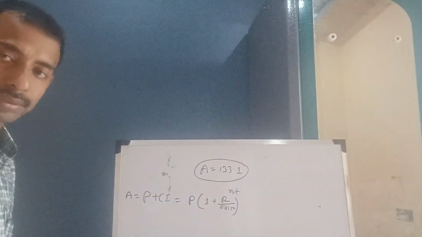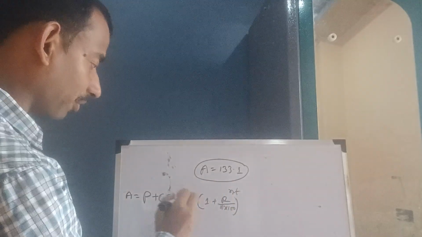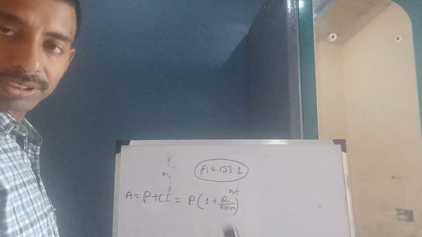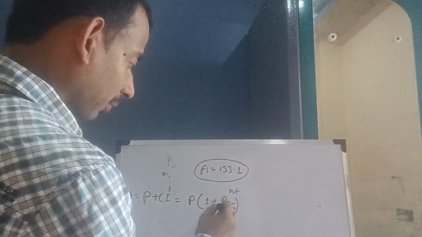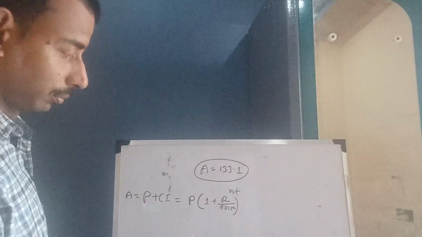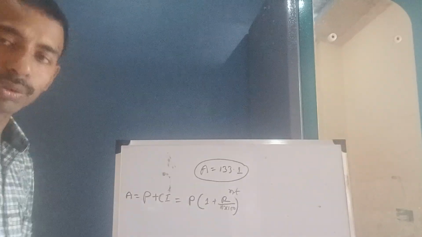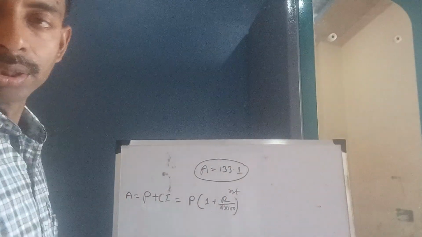Here t is the total time period, r is the rate of interest, P is the principal, the initial amount invested, and n is how many times in a year it is compounded. Okay, the formula is clear. Now take an example.